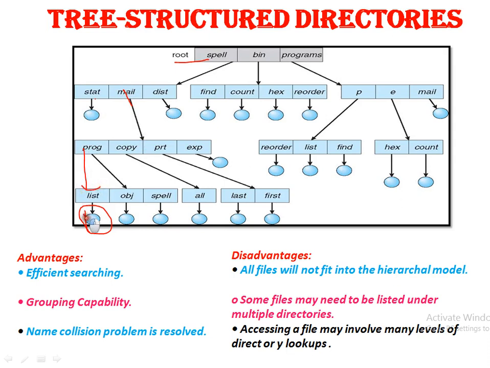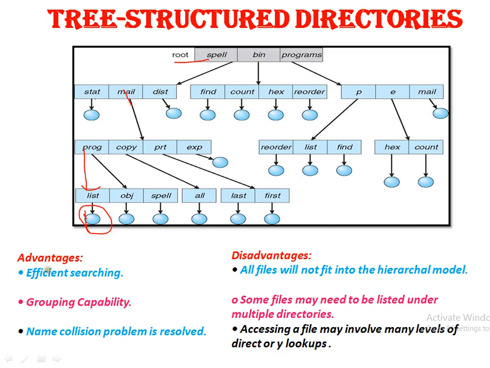Under list I have this particular file abc.txt. That is similar to your relative path and absolute path concept: /root/spell/mail/prog/list/abc.txt. This is how a unique path is given for each and every file in your tree structured directory.